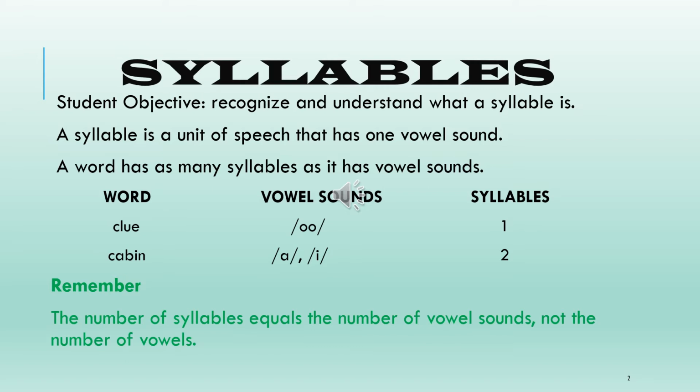We have the sound of the vowel A, and we have the sound of the vowel I. So that's why we have 2 syllables in total. Remember, the number of syllables equals the number of vowel sounds, not the number of vowels. Make sure that you remember this and keep it in your mind.